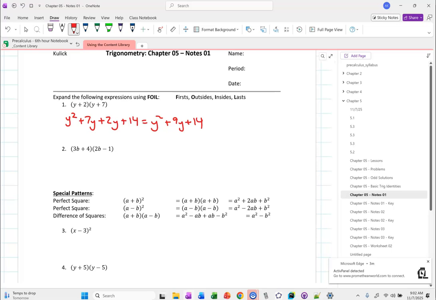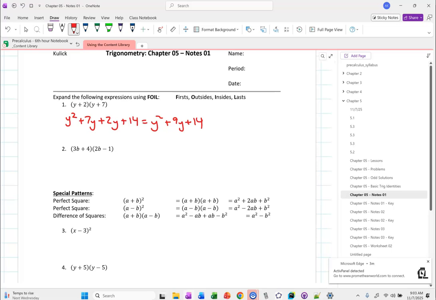All right. The next one is 3b plus 4 times 2b minus 1. Is that really any different? What's the small complication here? Yeah, you have variables mixed with numbers in the same term. Before you had either a variable or a number. What do you have to remember when you multiply those together? Numbers to numbers, variables to variables.